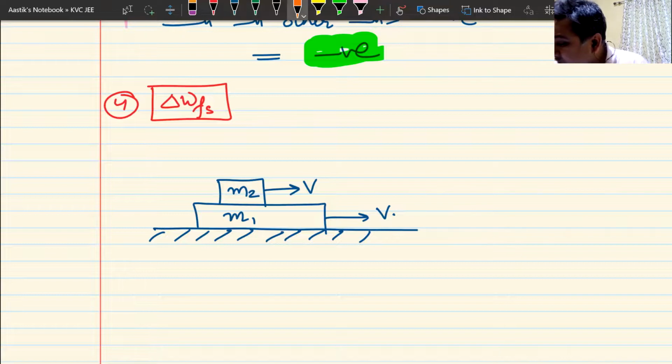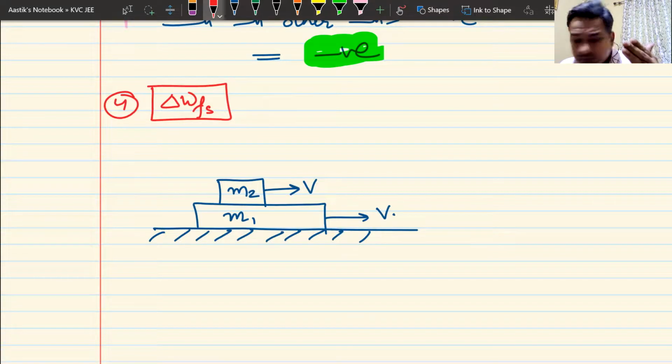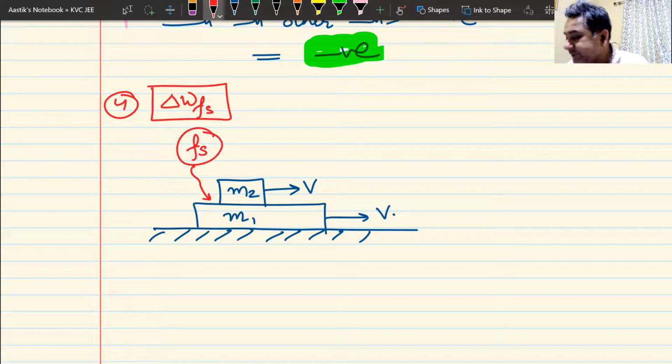If they are moving with different velocities, friction becomes kinetic. If they are moving with same velocities, friction becomes static. So the friction is static. And in this case, the value of friction is also 0.